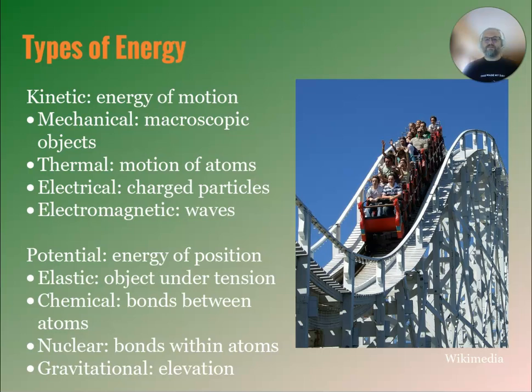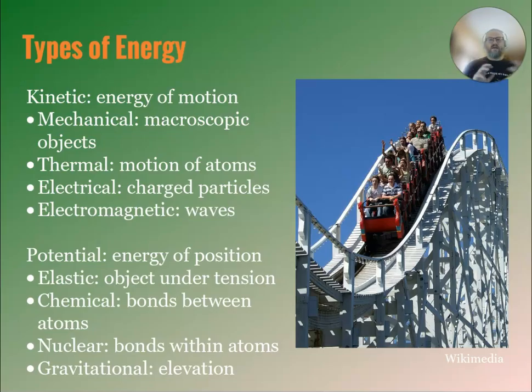Another type of kinetic energy is thermal energy. Thermal energy is the motion of the atoms within an object. So all of the atoms in the roller coaster car, in the track, in the people, in the air around them, all of those atoms are wiggling around.